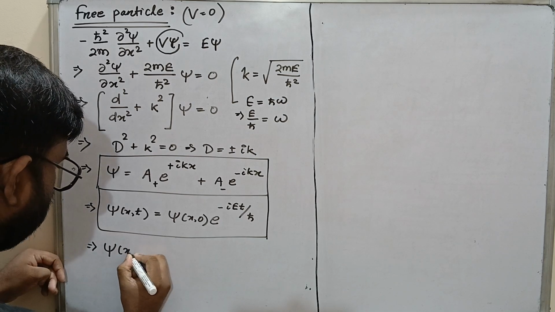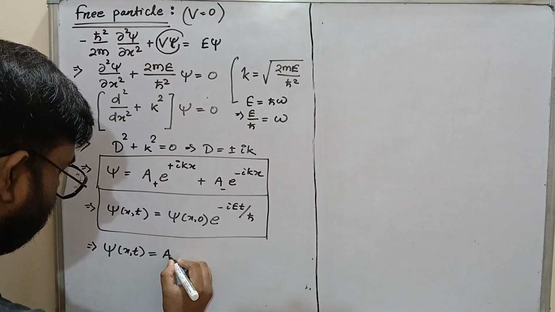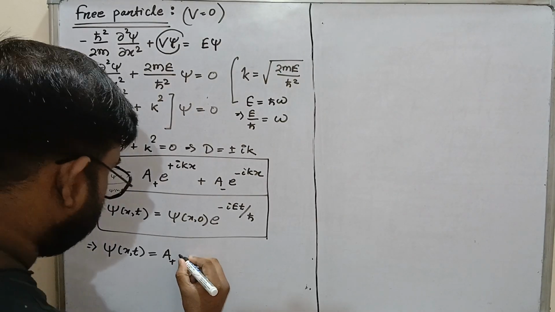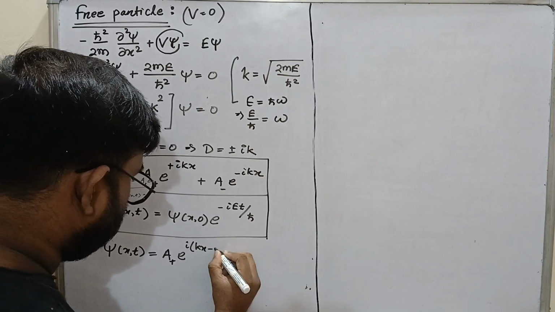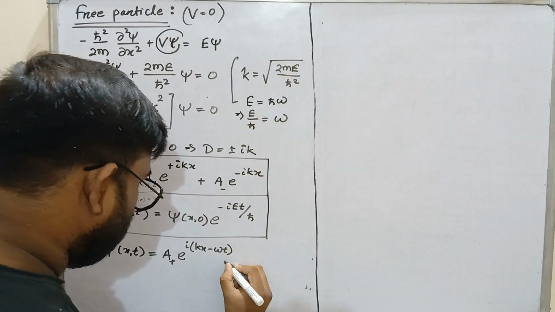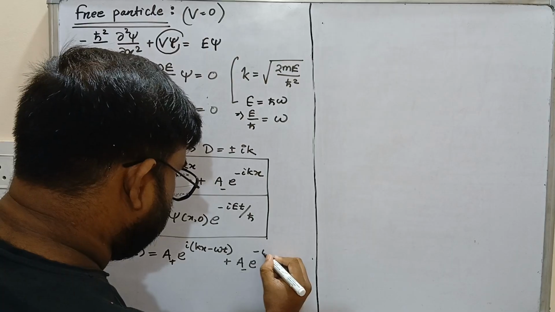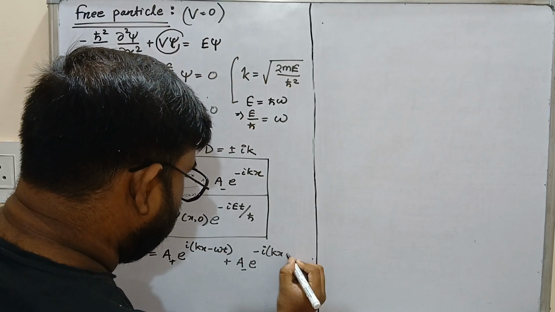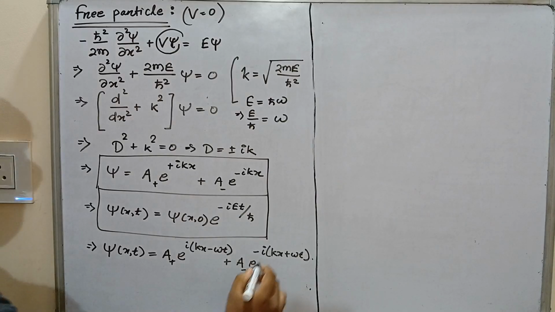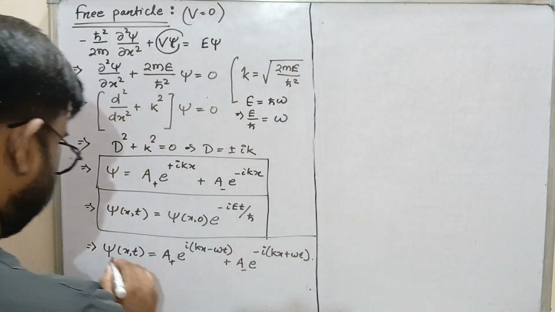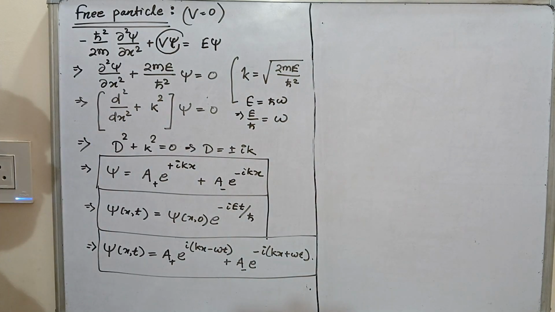So now psi of x, t is equal to, this is the first term, A plus e to the power i into kx minus omega t, plus A minus e to the power minus i kx plus omega t. Got it? I hope you got it here.